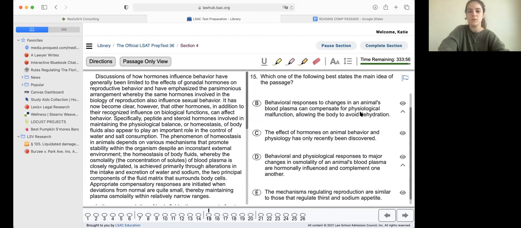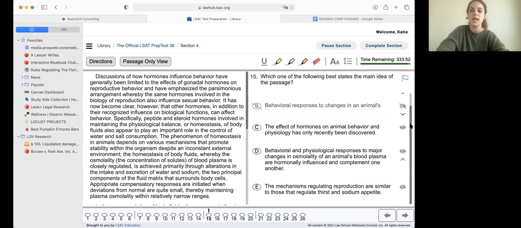Again, we're specifically looking for hormones, because that's the big topic we just learned about, that hormones can help regulate these. The effect of hormones on animal behavior and physiology is only recently been discovered. It has become clear, however, that it is new, but the fact that it's new isn't necessarily enough, but we'll keep it.